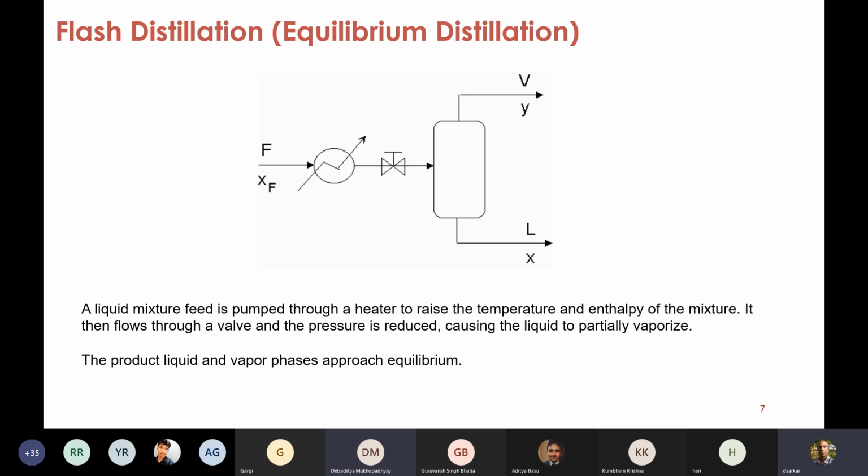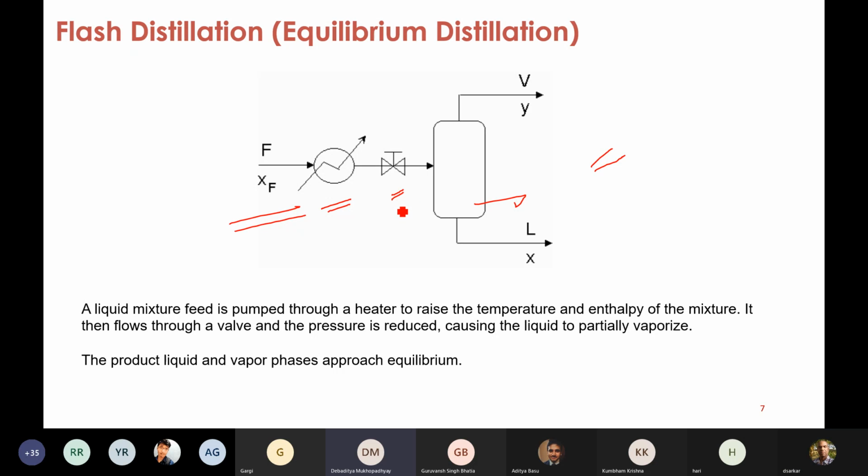See, flash vaporization or equilibrium distillation is a single stage operation, where what you do is you take the feed mixture, heat it up, and reduce the pressure. Then it will partially vaporize.